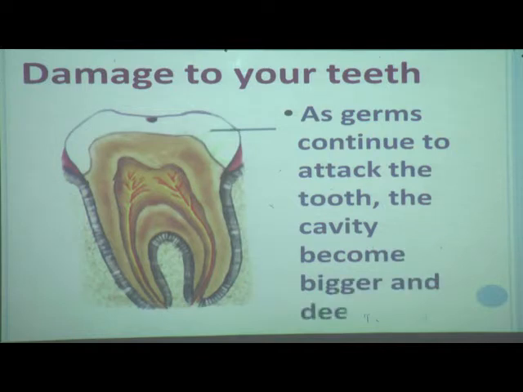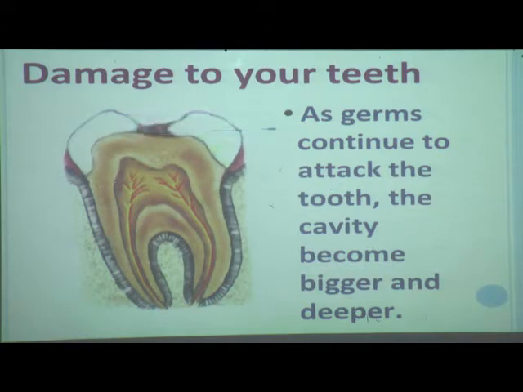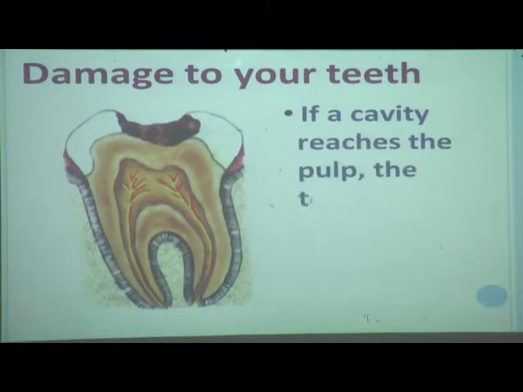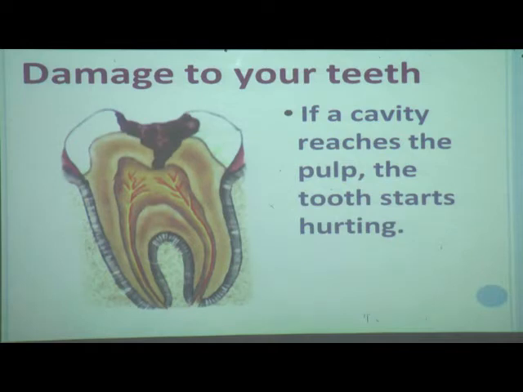You can see on the board, as germs continue to attack the tooth, the cavity becomes bigger and deeper. And if a cavity reaches the pulp, the innermost part of the tooth, the tooth starts hurting.